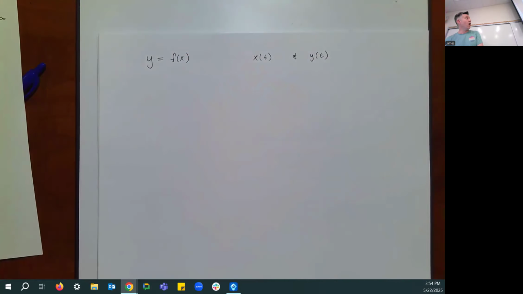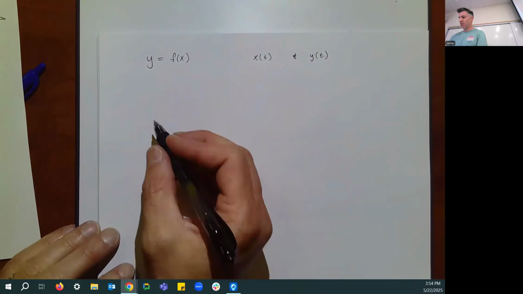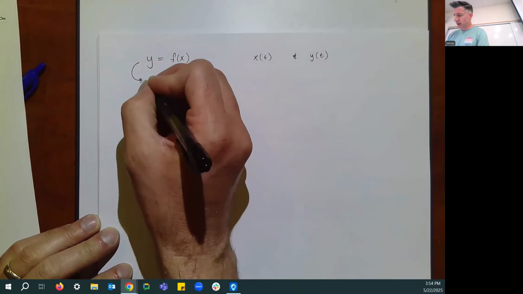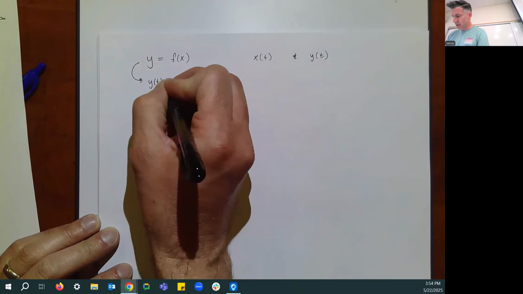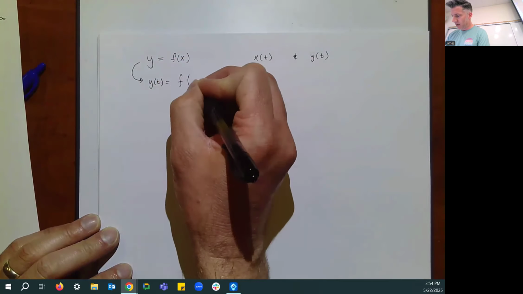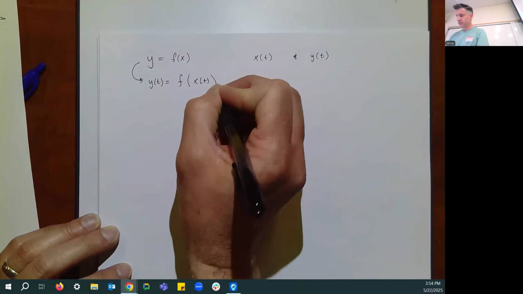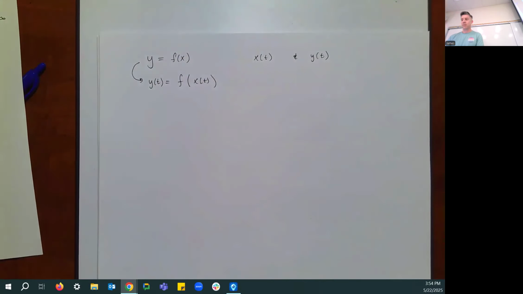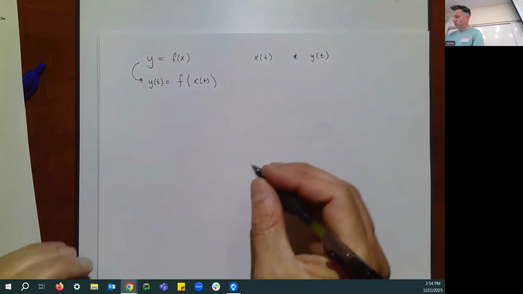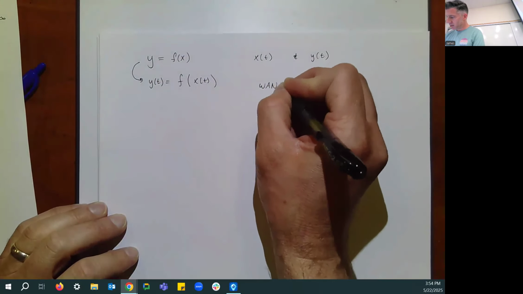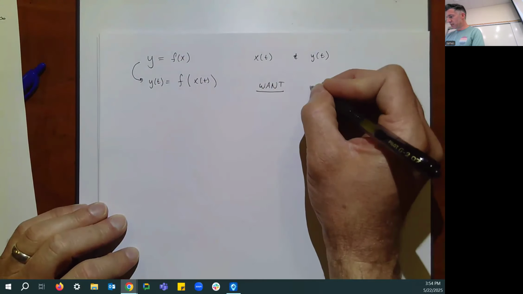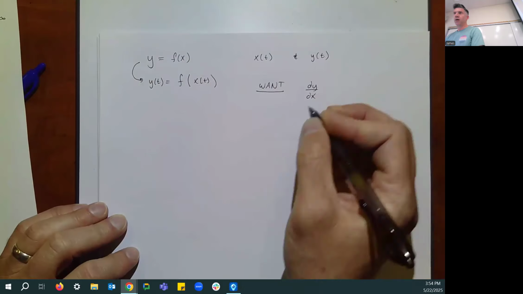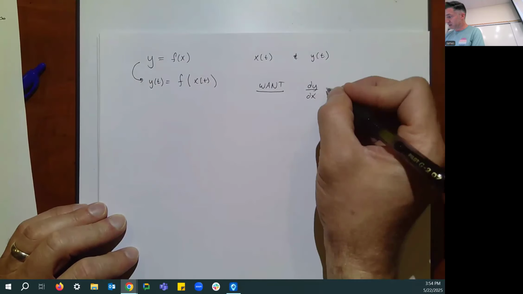Those are the things we know. So I'm going to rewrite this as y as a function of t equal to f of x as a function of t. Now, what am I looking for? Well, I want dy dx, also known as f prime of x.